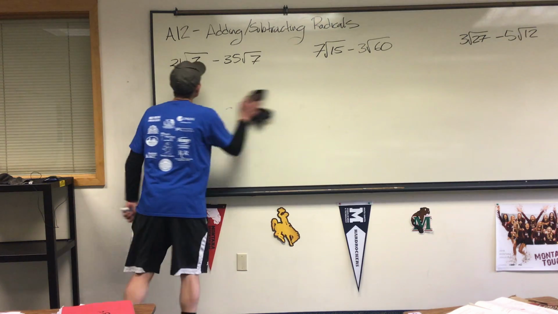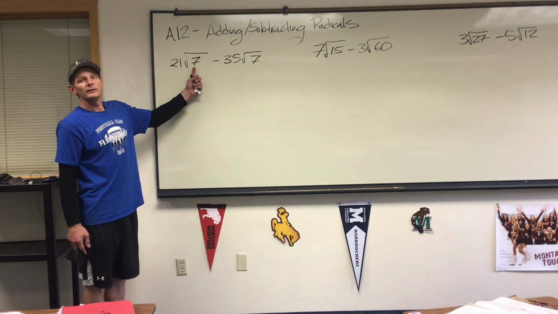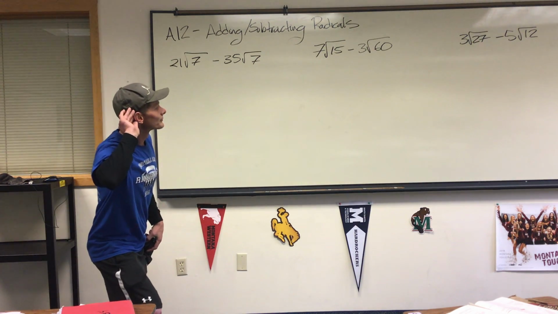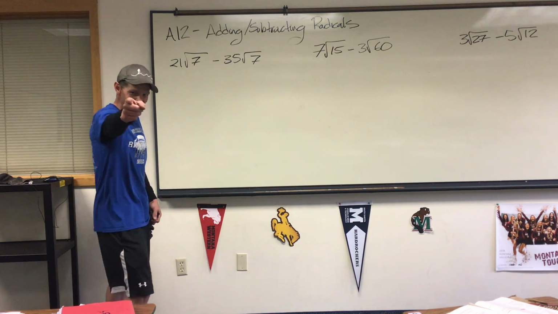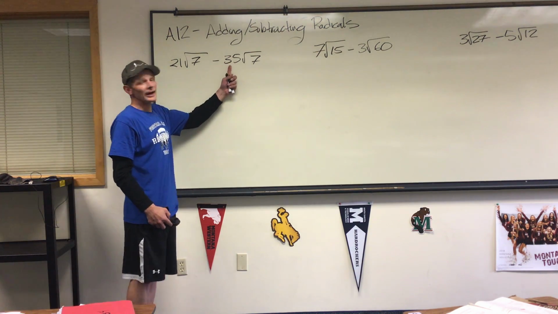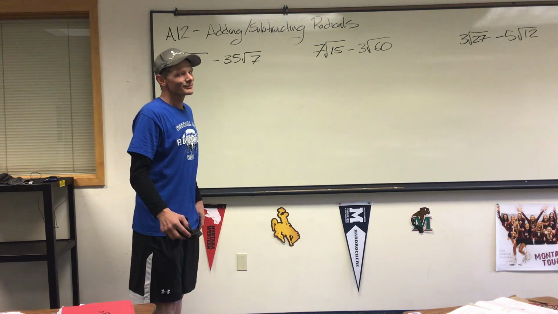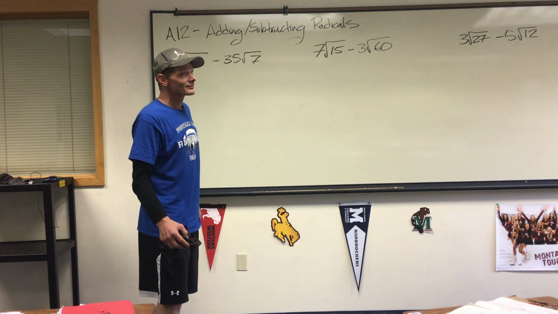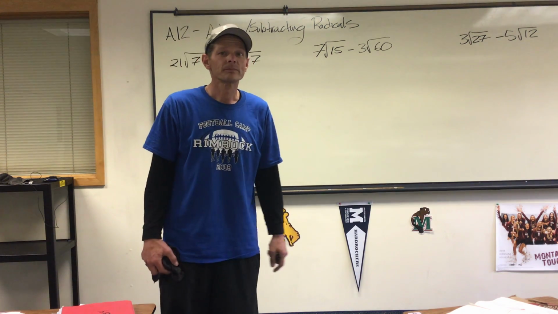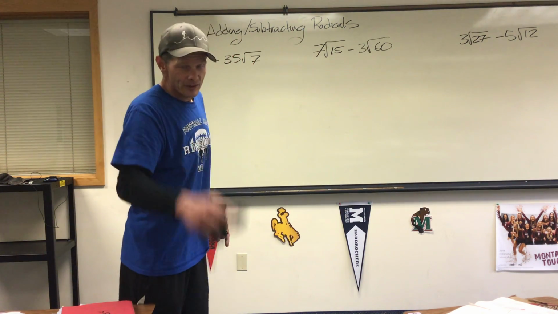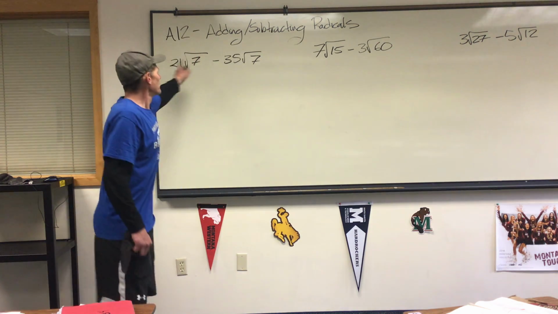How many square roots of 7 do we have here? Exactly, 21. And we're going to subtract how many of them? 35. Good. 21 minus 35.